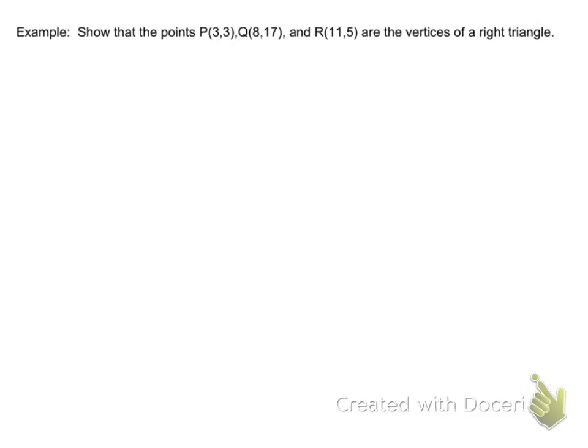Something with the slopes. The slopes have to be opposite reciprocals of each other. But it's not every single place, right? So that means what I need to do for this is take the points, and before you do that, you have to graph it.